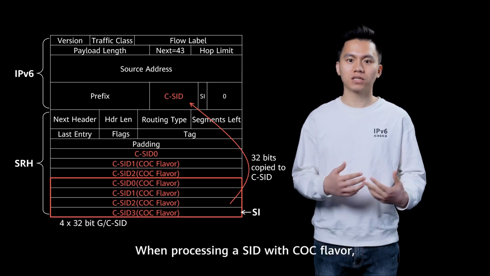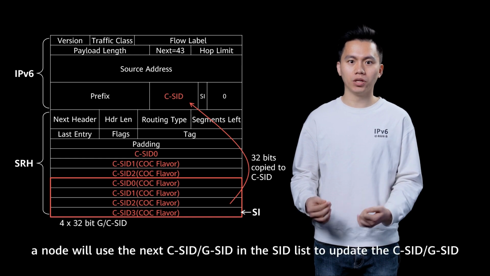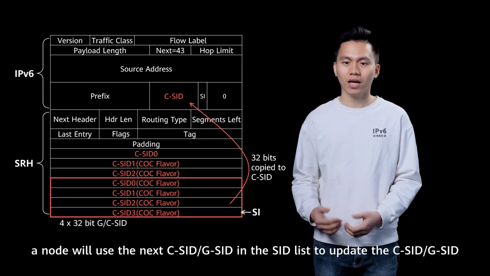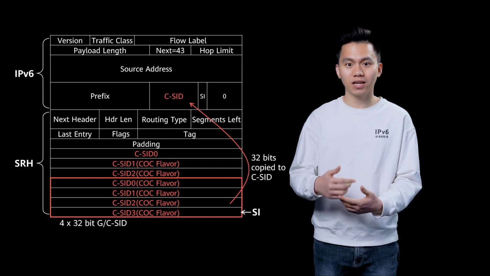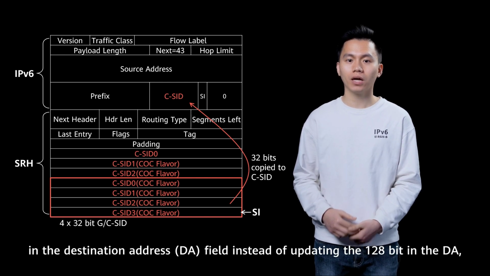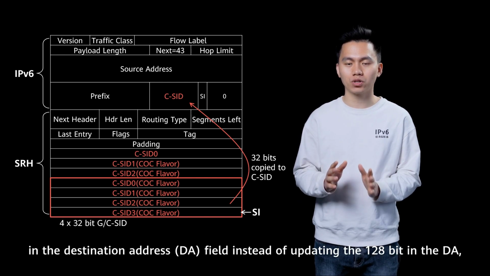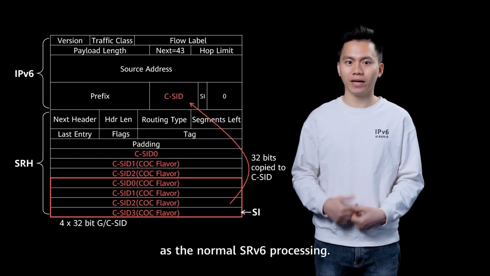When processing a SID with the COC flavor, a node will use the next C-SID in the segment list to update the C-SID in the destination address field, instead of updating the 128 bits in the DA as in normal SRv6 processing.